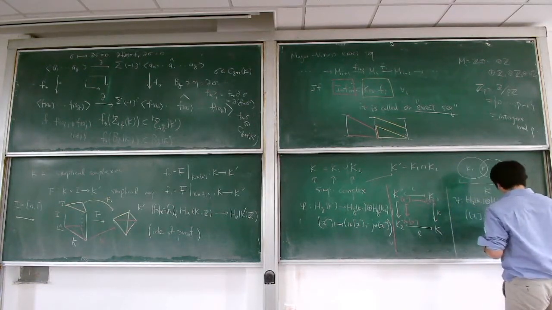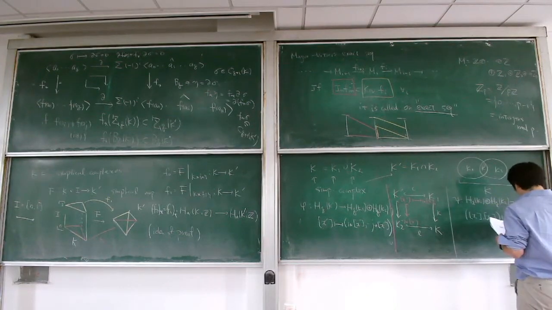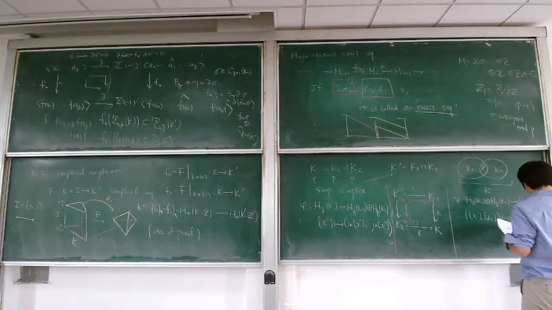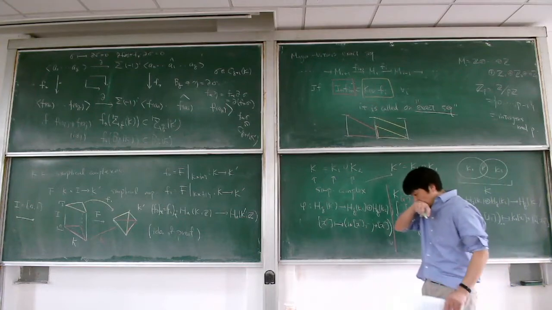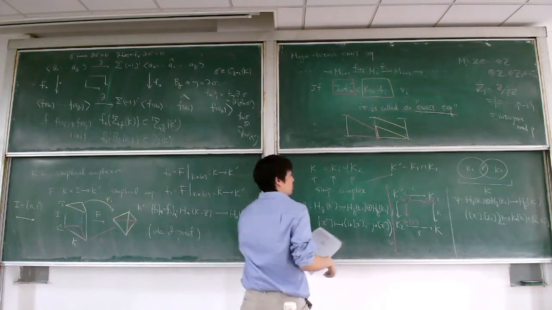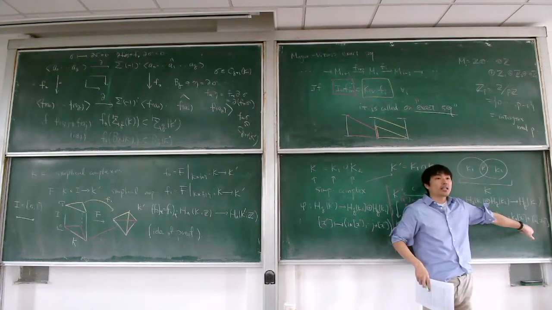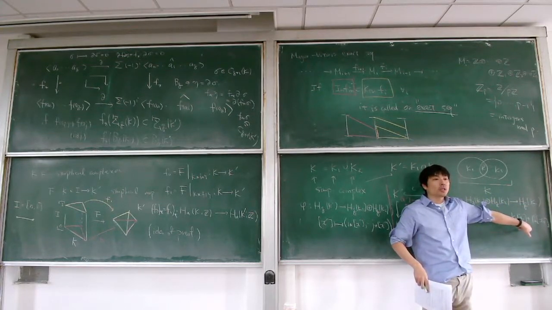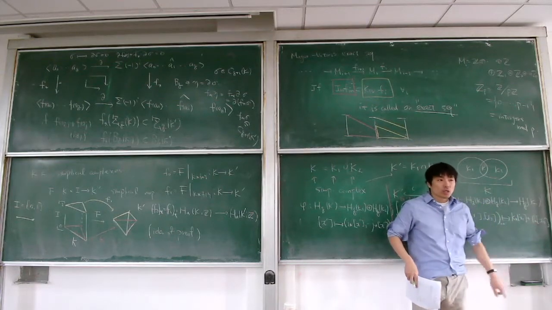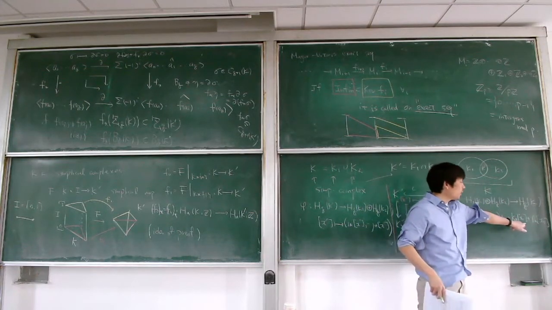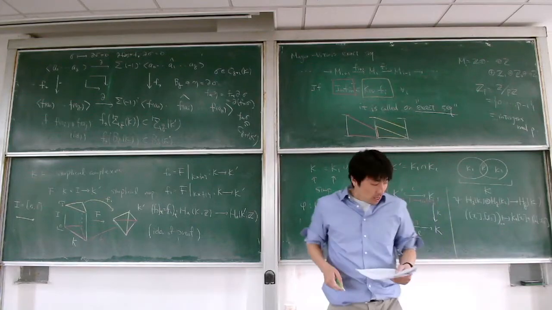It's mapped to K star x1 plus L star x2. The homology group is a group with Z coefficients, so you can add elements.